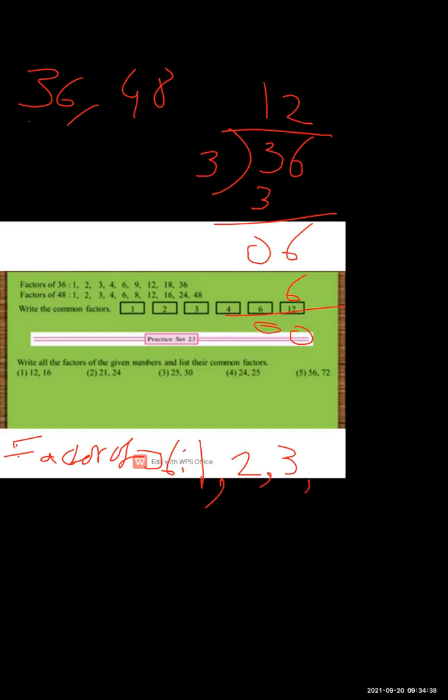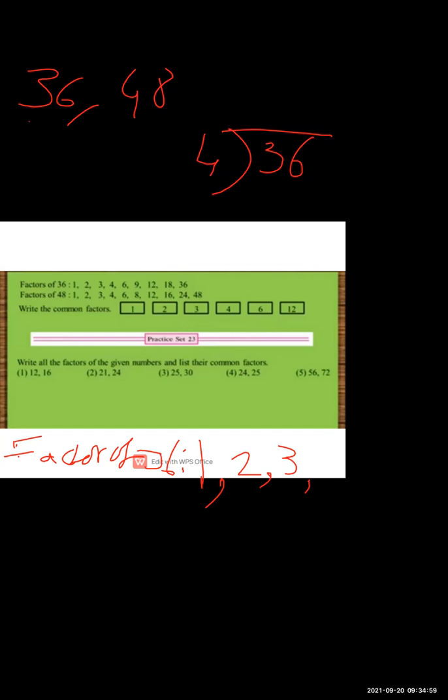Okay. Next we will take 4. Is 36 going in the 4 table? Let's see. 3 is smaller than 4, so we will take 2 numbers, that is 36.